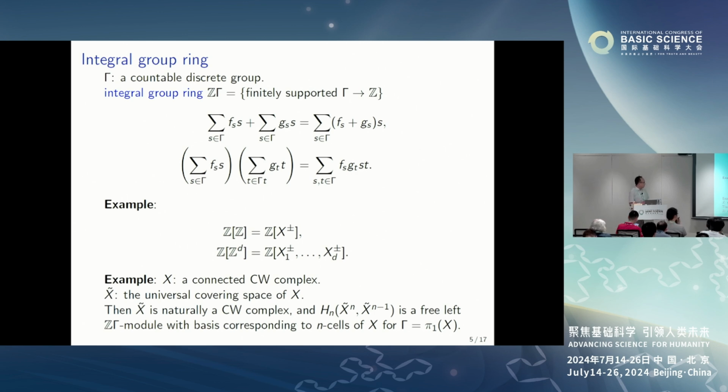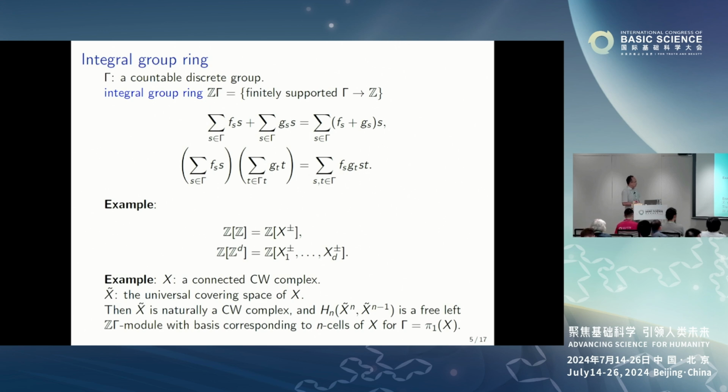One specific situation related to arbitrary groups is the following. You take a connected CW complex, which you can think of as finite. Then you look at the universal covering space. The CW complex structure naturally lifts to the universal covering space, and you look at the relative homology groups there. Then this becomes very naturally a left gamma-module, where gamma is the fundamental group of the original space X. Gamma acts on the universal covering space, and the quotient space is just X itself.